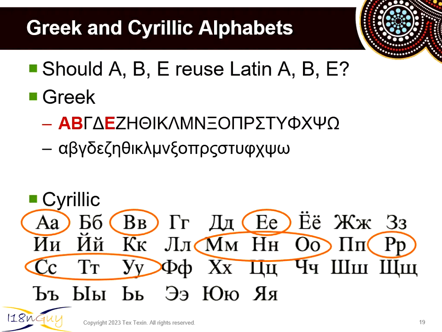Quite a few letters that look like Latin letters. So let me ask, if you run across this in a language that you're designing a keyboard for, should you use the same characters that you're using for the Latin alphabet? Why not just say, okay, I've already got these, I don't need to add characters, I will just reuse these?